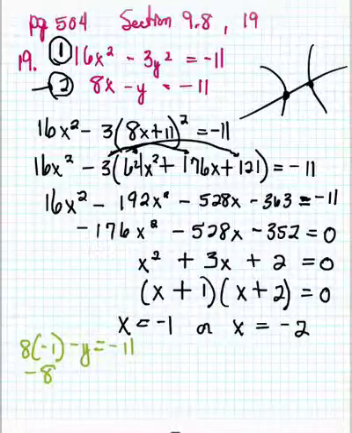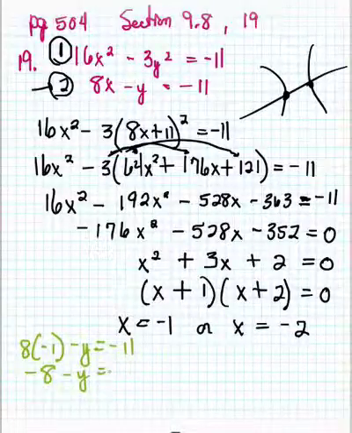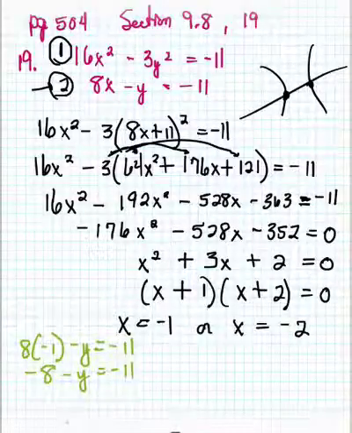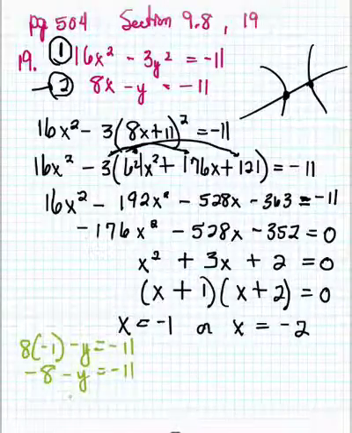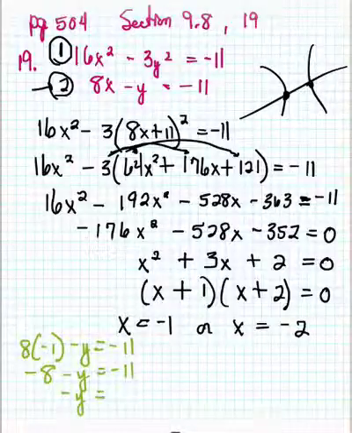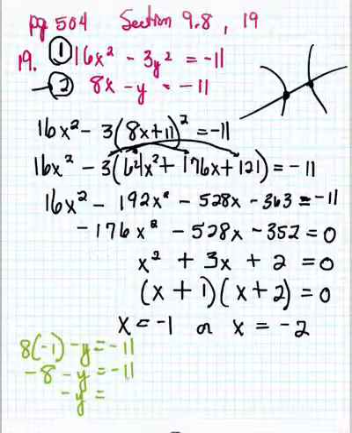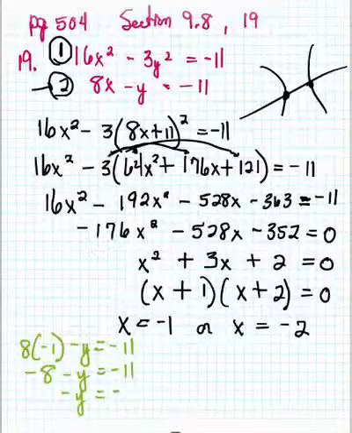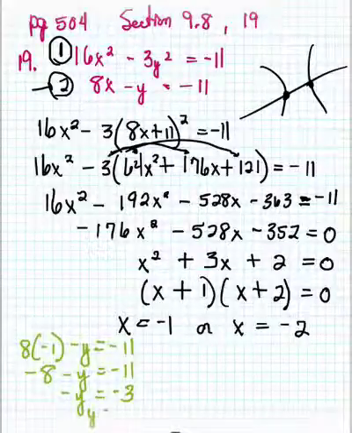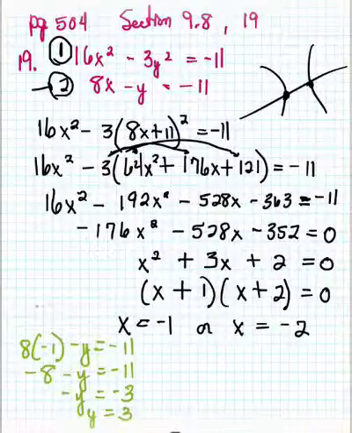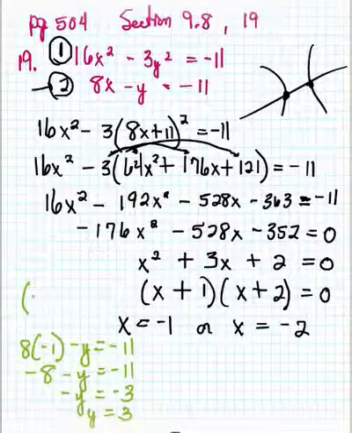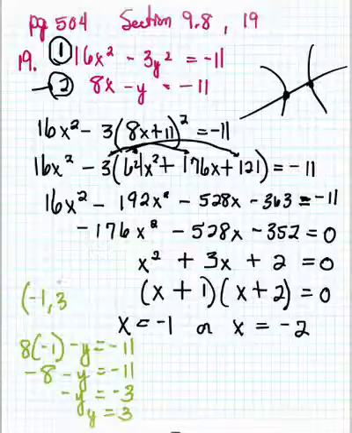So 8 times negative 1 minus y equals negative 11. Negative 8 minus y equals negative 11. Add 8 to both sides: the opposite of y equals negative 11 plus 8, which is negative 3, and so y equals 3. One of the points of intersection is going to be negative 1, 3. I hope.